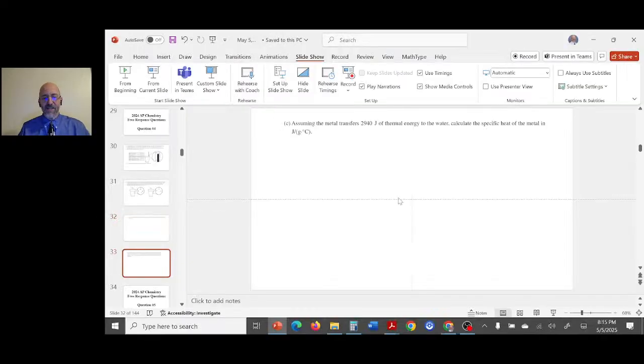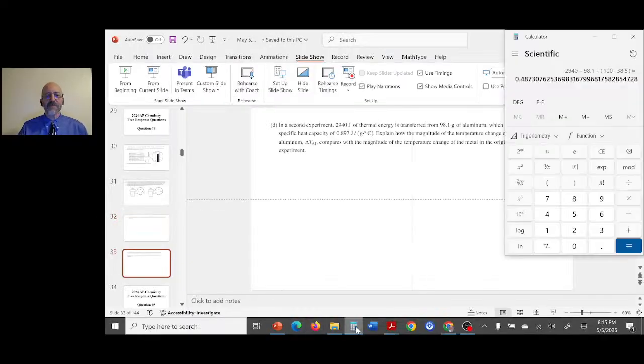So if I go back to my calculator, I would do 2,940 divided by 98.1. Now I'm going to divide by a different value of C. This is a bigger value of C, so I'm going to divide by 0.897.